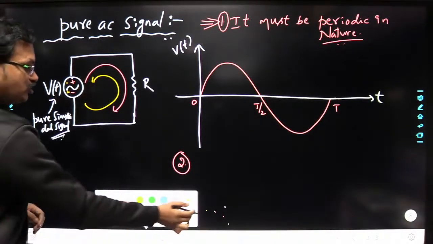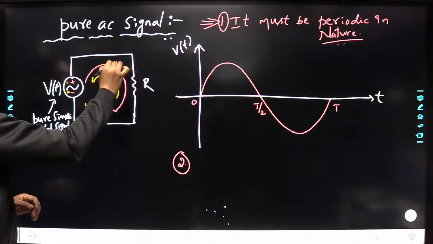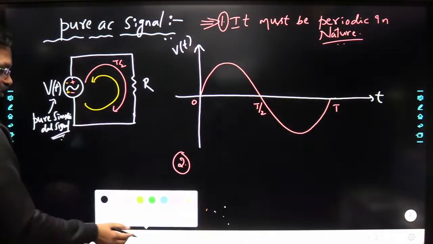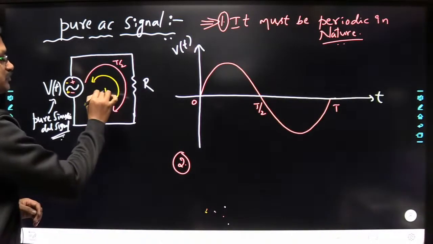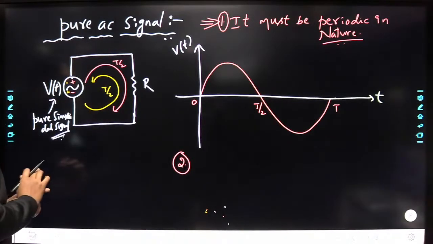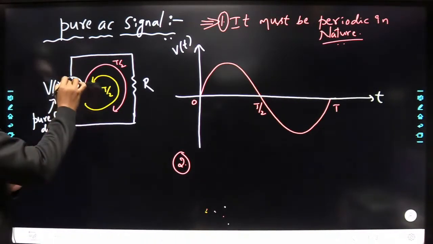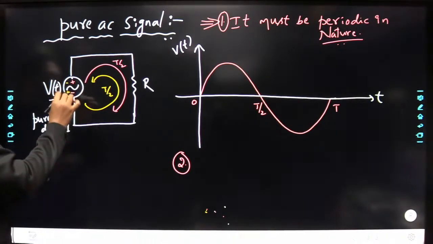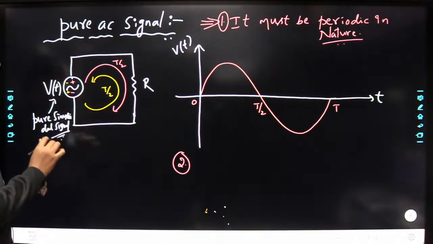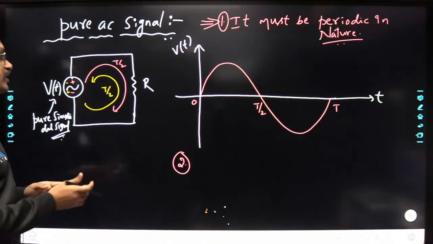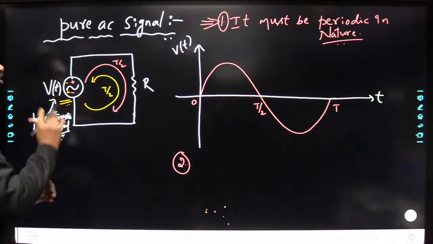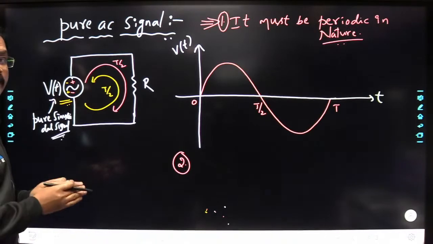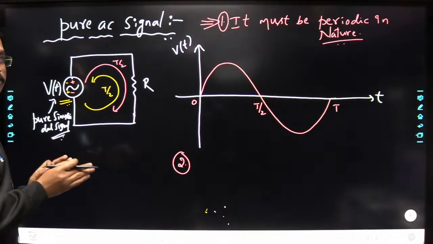So for T by 2 time it pumps current clockwise, and for the next T by 2 time anti-clockwise. That means the voltage signal is going to change its polarity for every T by 2 time.